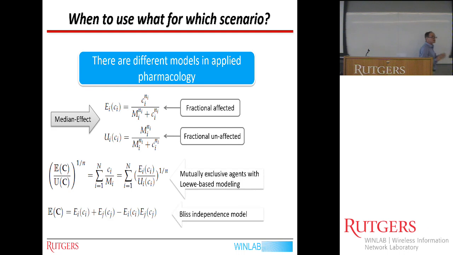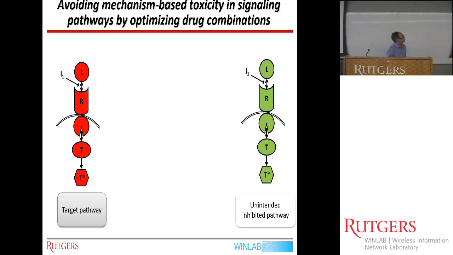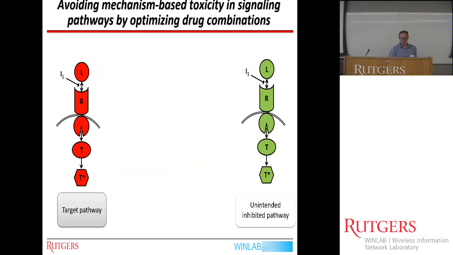And as I was mentioning, and this is where I'm going to fast forward through stuff, there are a lot of mathematical models that were developed, say, 20, 30 years ago. And ultimately, these ended up being the equivalent of what we would call a black box model. What's happened is there's been a shift in the last 10 years or so to trying to look at the underlying network of a disease, how the disease manifests itself through different pathways being altered and affected.